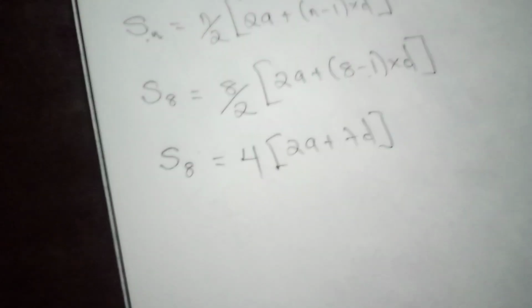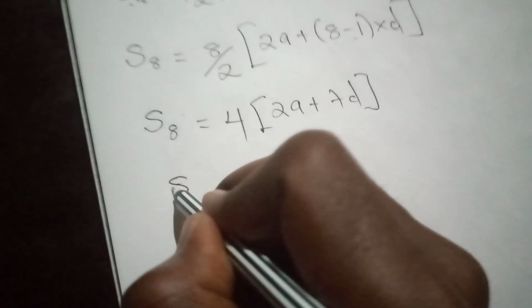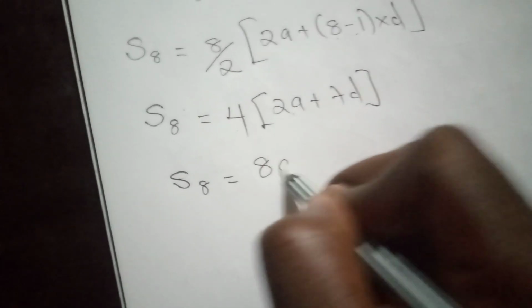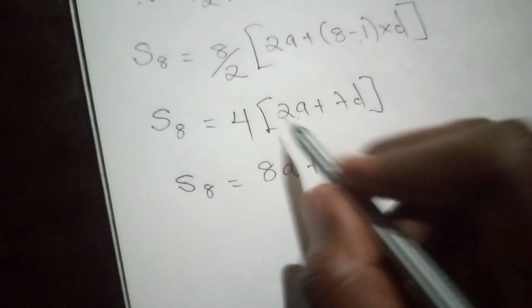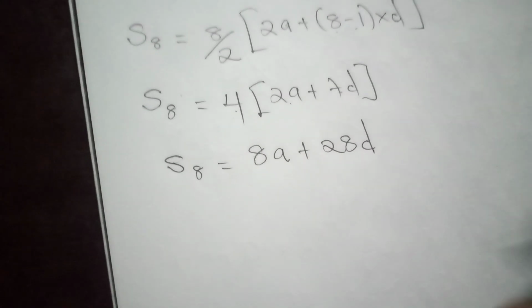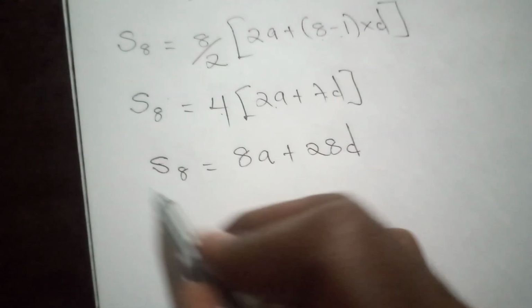Then I simplify: the sum of 8 terms is equal to 4 times 2a, that is 8a, plus 4 times 7d, that is 28d. So this is my sum of 8 terms.